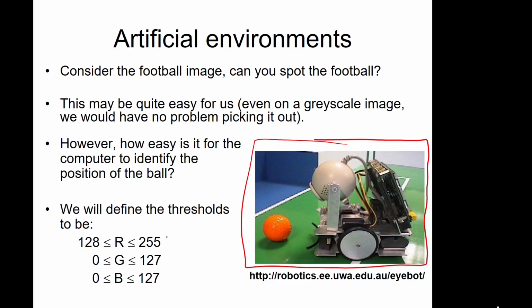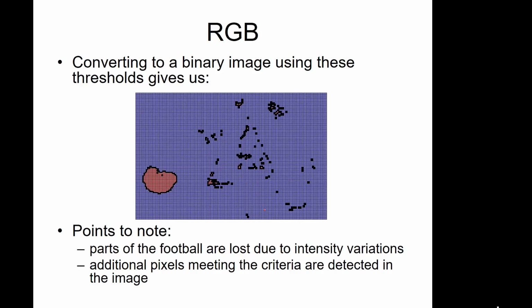So we'll take our colour image and we'll pick out any pixel that's got a red value between that range and any blue and green values between that range. And then any pixels that meet that criteria we'll highlight, so we'll highlight with a 1, otherwise it's a 0. So by running this rule on this image, what we get is this image out. And you can see there's bits of orange here, but this is your main orange.